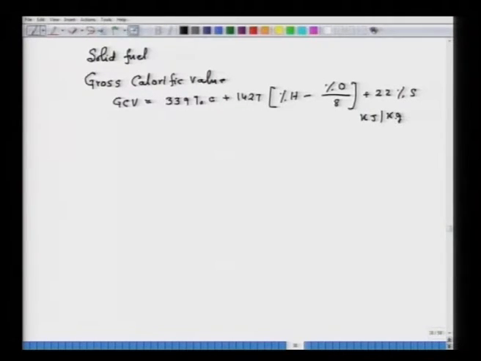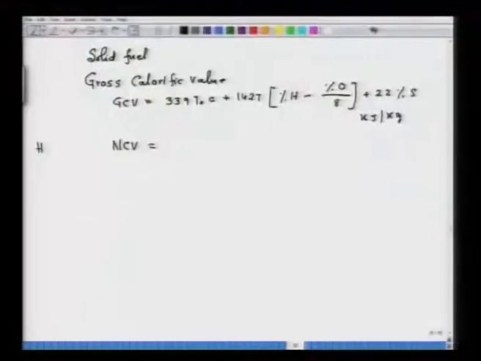Whereas in NCV the state of H2O is vapor. So, in NCV the state of H2O is H2O vapor, whereas in GCV the state of H2O is H2O liquid.